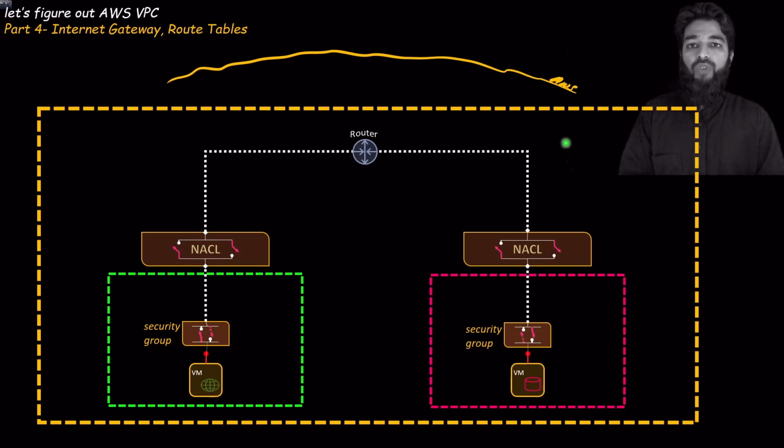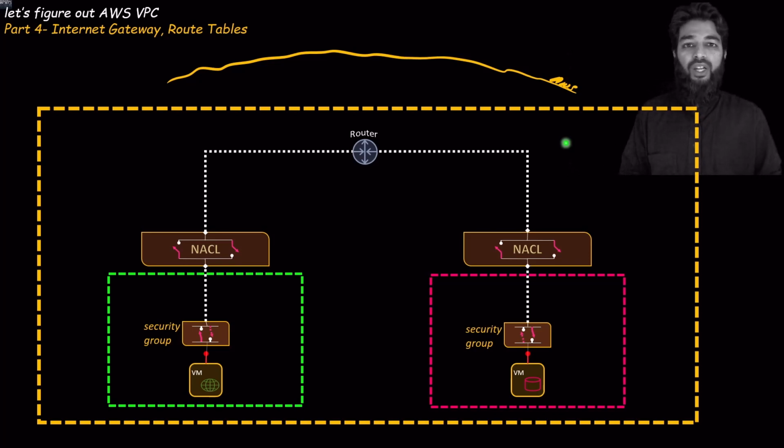Then in part 3 we saw how virtual machines created in our subnet are protected. We said that virtual machines are protected by a security component called a security group, in which we set two types of rules, inbound rules and outbound rules, which control the traffic flowing into our virtual machines and the traffic flowing out.